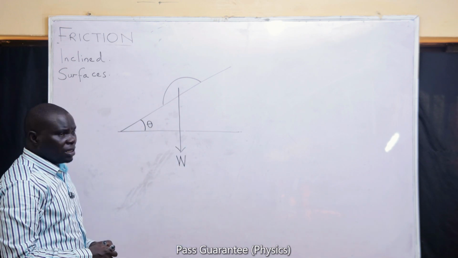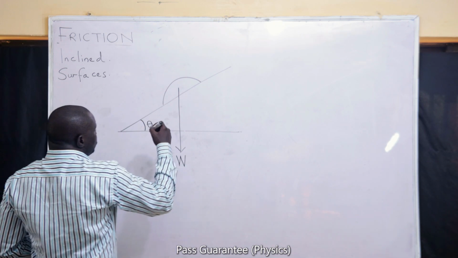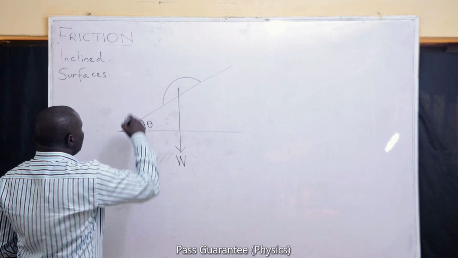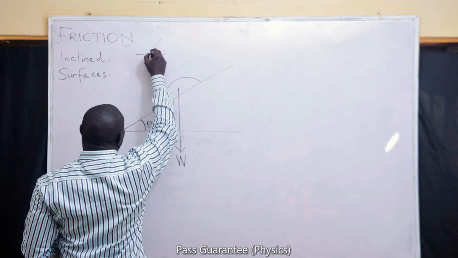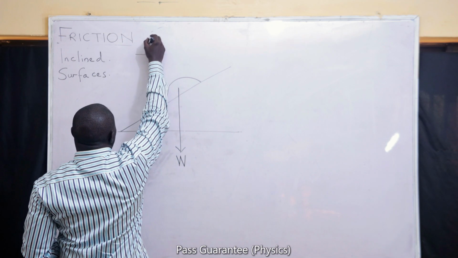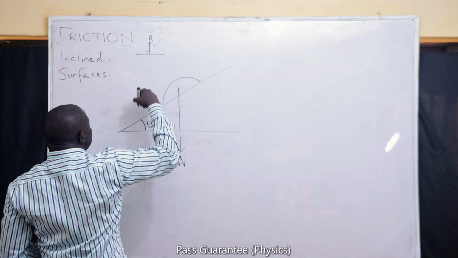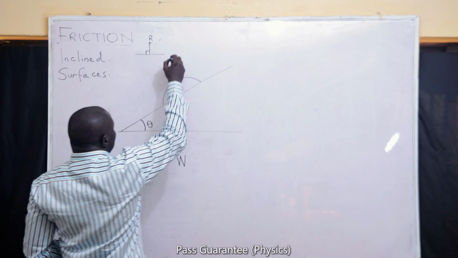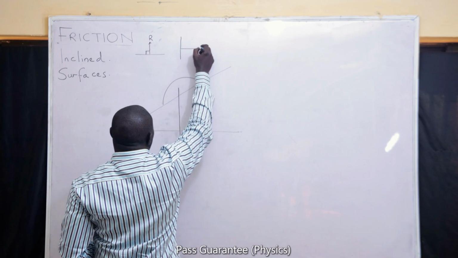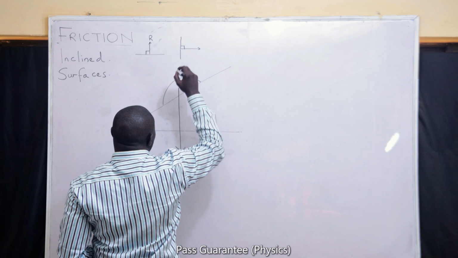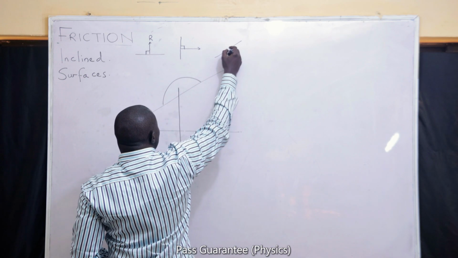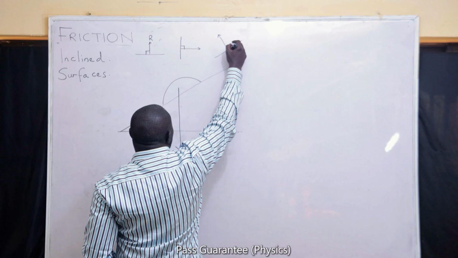That is the weight. Now, there will be a normal reaction. Anytime you have a surface, if the surface is horizontal, the normal reaction is perpendicular to the surface and is outward from the surface. If it is vertical, it is perpendicular to the surface and is outward. So if it is inclined, I expect you to know that it will also be perpendicular to the surface.